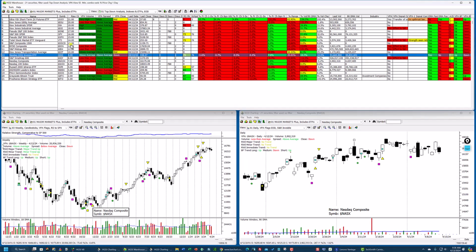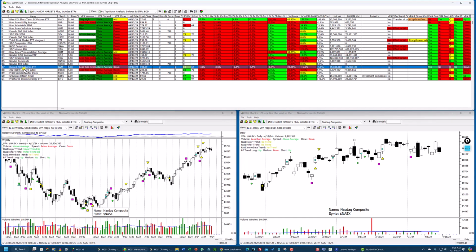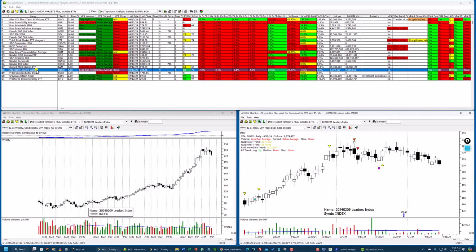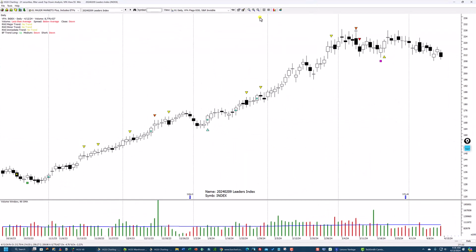I'm going to take a look at the Leaders Index, which I created back on February 9th. This was Leaders at the time. And this is a daily chart.